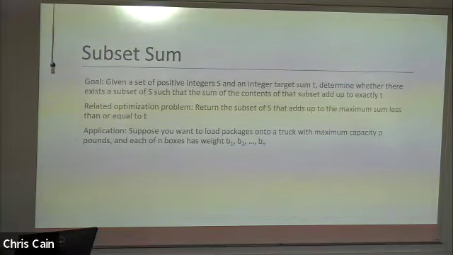You might not get every single box on the truck, but we can get the most onto the truck that we can, so that what's left over has the minimum weight, and what's on the truck has the maximum weight. So you can imagine again that even though we display this as a pure math problem, there are many useful applications of this problem.